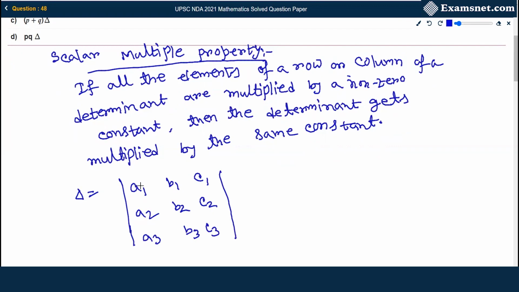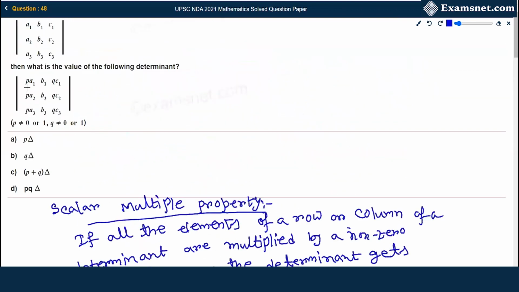So column 1 of the determinant is multiplied by P, then the given determinant is also multiplied by P. What I said is that if all the elements of column 1 are multiplied by P, then the value of this determinant is also multiplied by P. And again, if all the elements of the third column are multiplied by Q, look here, if I multiply P with all the elements of column 1, it will be PA1, PA2, PA3, correct?